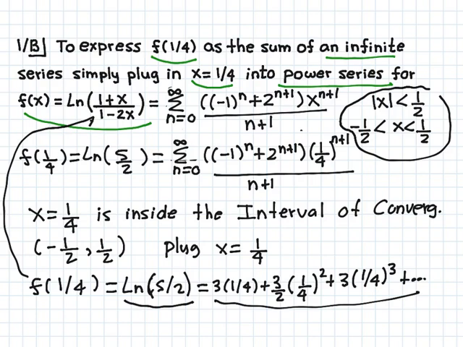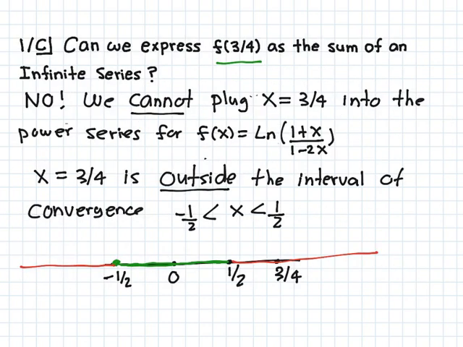Notice in the previous case, we were able to plug x equals 1/4 into the power series representation of this function, log of (1 plus x) divided by (1 minus 2x), because 1/4 was inside the interval of convergence. But x equals 3/4 is outside the interval of convergence. All right, thanks.